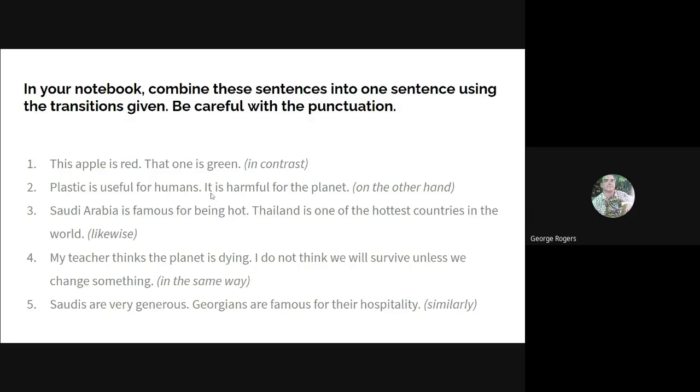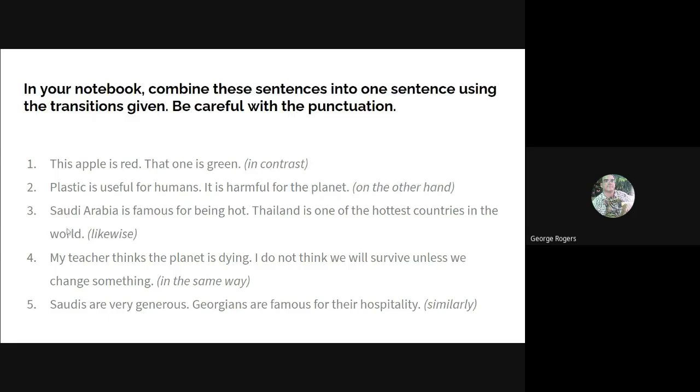But it is harmful for the planet. So this is again a contrasting idea here, and we have on the other hand. Remember the H words, however, on the other hand. That's a contrast. So it'd be: plastic is useful for humans, semicolon, on the other hand, comma.